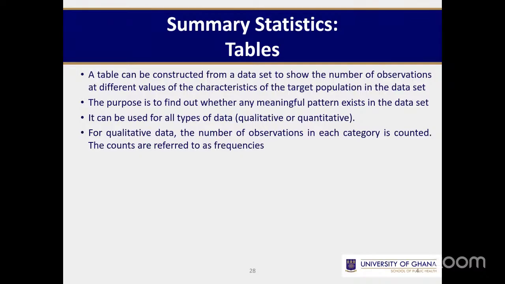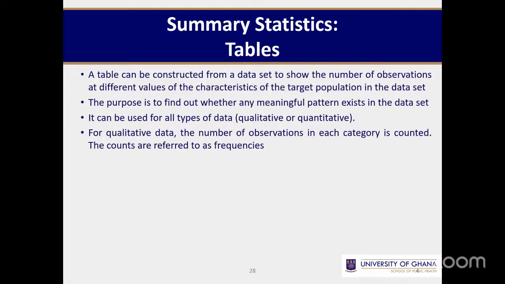If you are dealing with a qualitative data type, then each category is counted, and the counted numbers are referred to as frequencies. If you are dealing with a qualitative, that is a nominal scale of measurement, then the number of observations is counted.